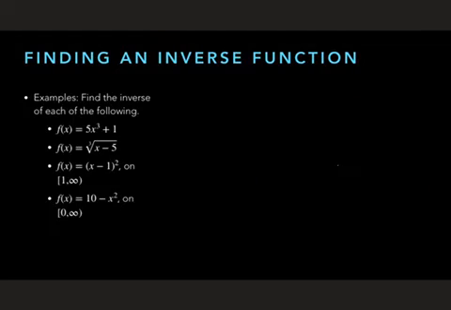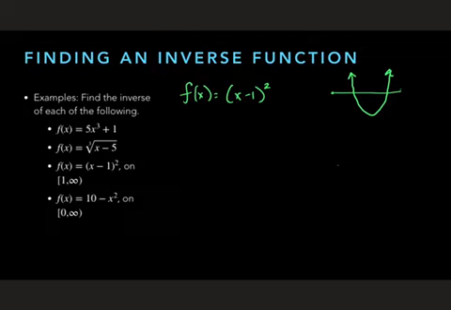But what happens if I work with a parabola? So if f of x is (x minus 1) squared. Well, we know a parabola has a really distinct shape. We know it looks something like this. So we know it's going to pass the vertical line test, but the second that I try to do a horizontal line test, it fails.